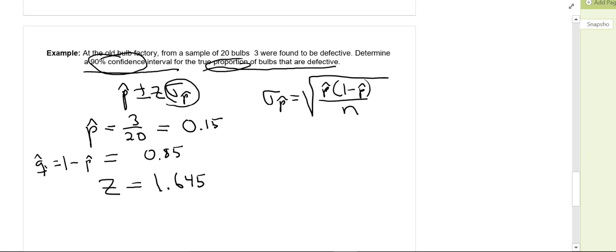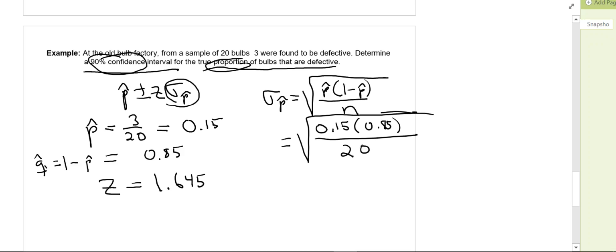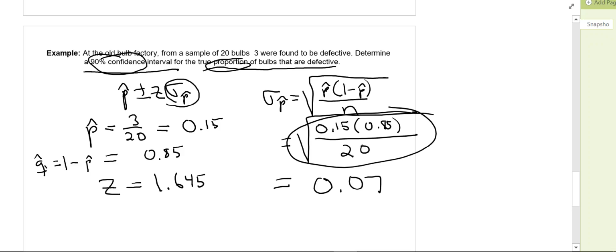That is the square root of 0.15 times 0.85 divided by 20. When you do your math, you should come out with 0.0798.